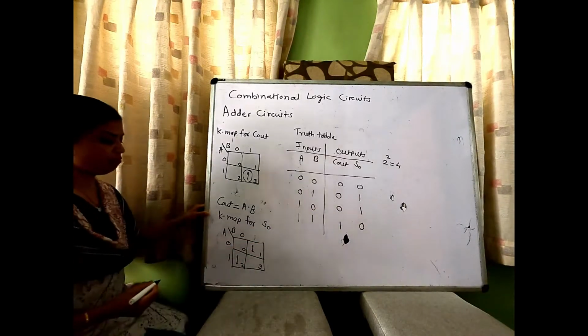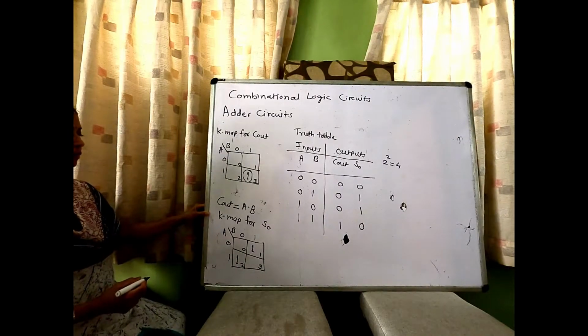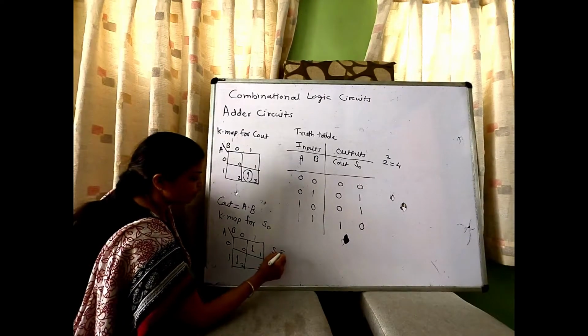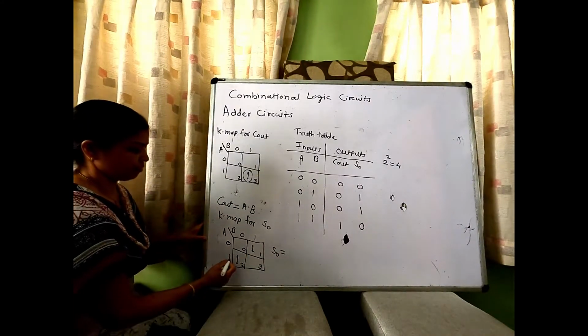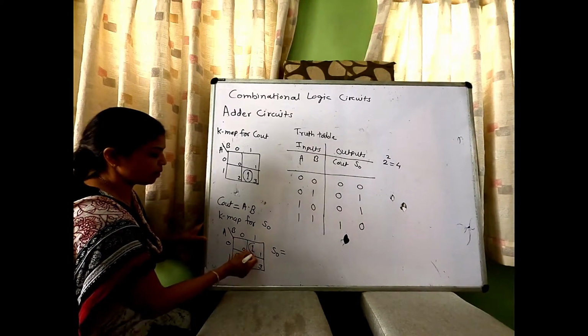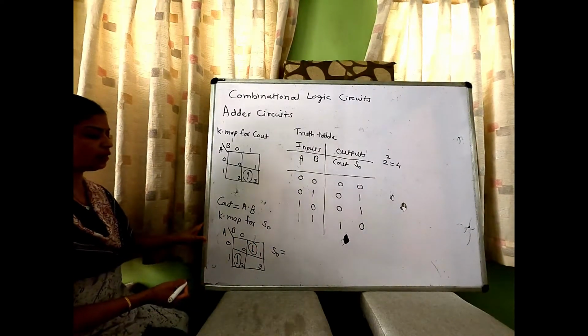So here we will write S0 equals, for this one, no pair will be formed, so we will consider the individual ones.